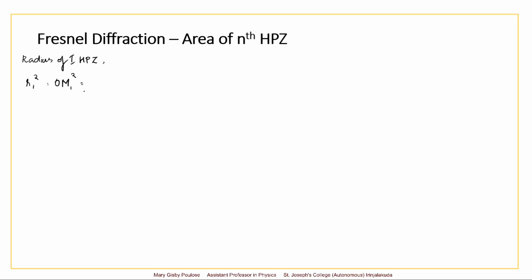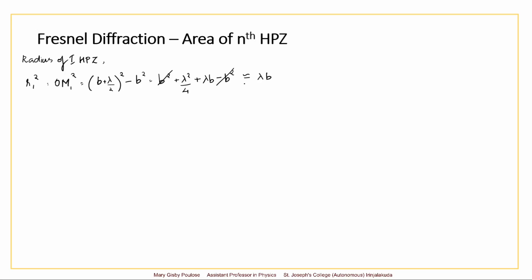And that can be written in terms of Pythagoras theorem as b plus lambda by 2 the whole square minus b square. On expanding it, we get b square plus lambda square by 4 plus lambda b minus b square. Here, cancelling the b square terms, we get this to be approximately equal to lambda b.